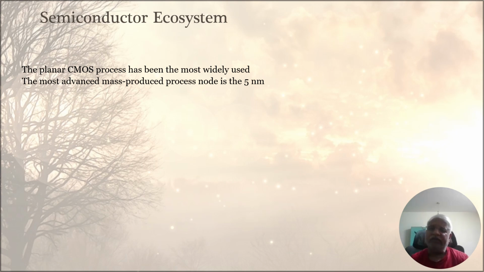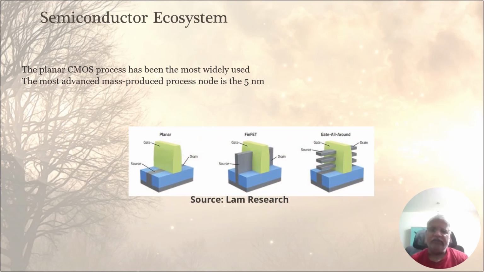Intel moved to FinFETs from planar technology at 22 nanometer. Other foundries also moved to FinFETs at either 16 nanometer or 14 nanometer. This is the FinFET, and this is the usual planar transistor, which many of us are more familiar with.